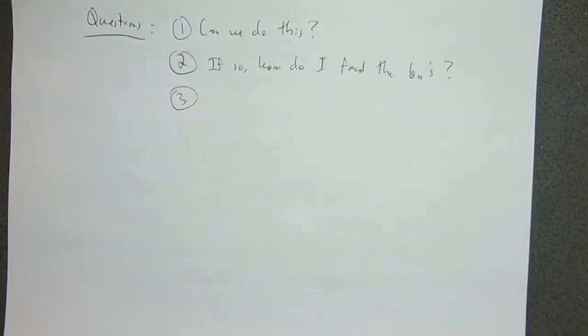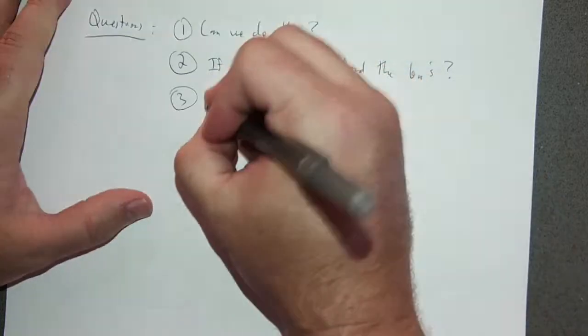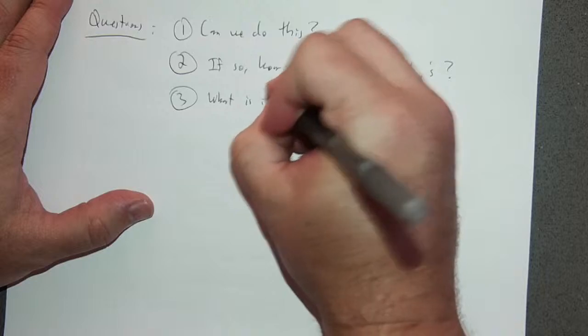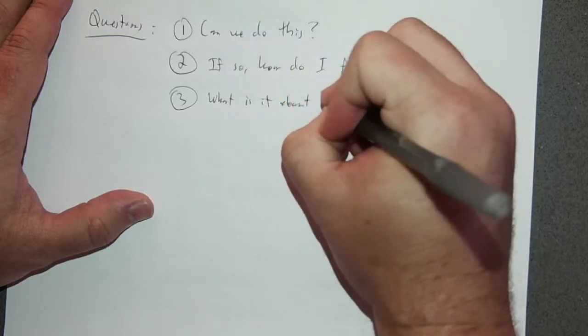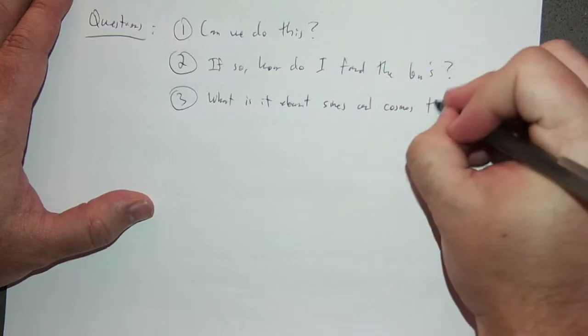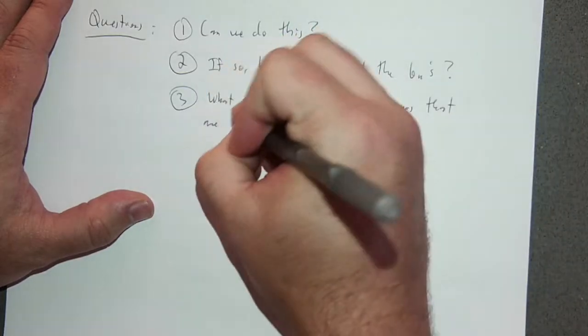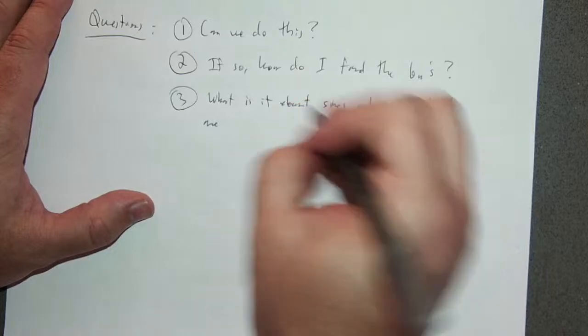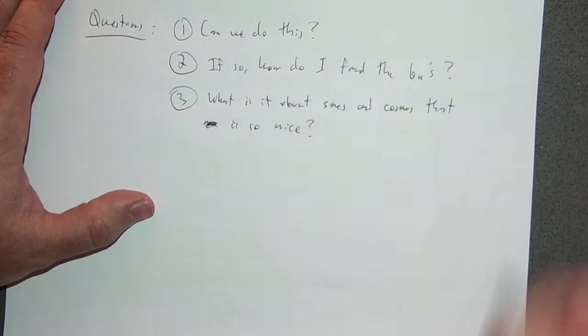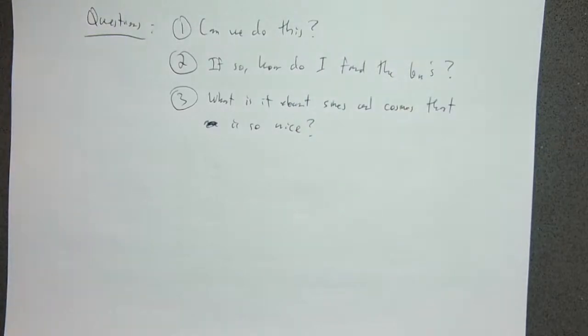And thirdly, what is it about sines and cosines that allows us to do this? What is it about sines and cosines that is so nice, that would allow us to do this?